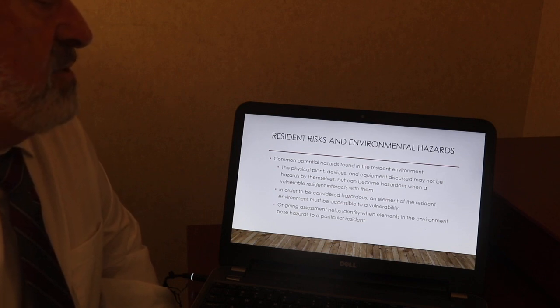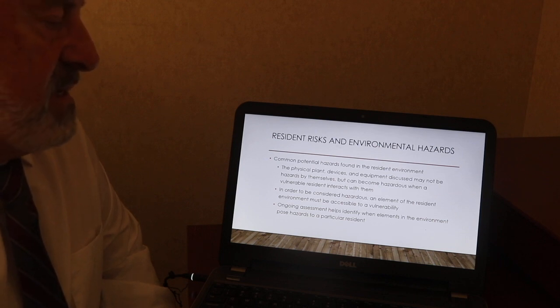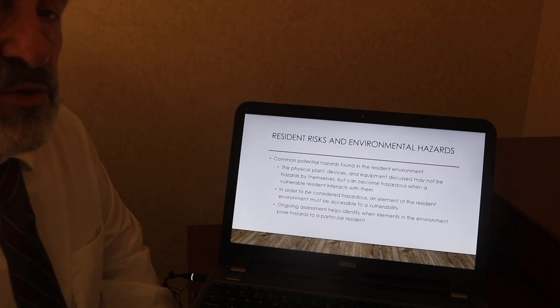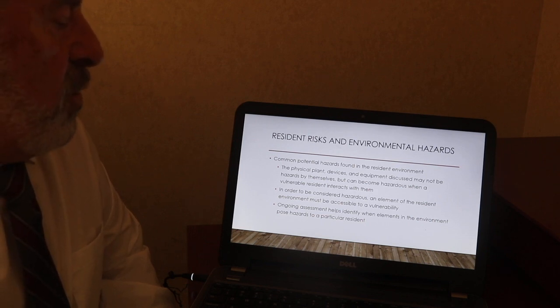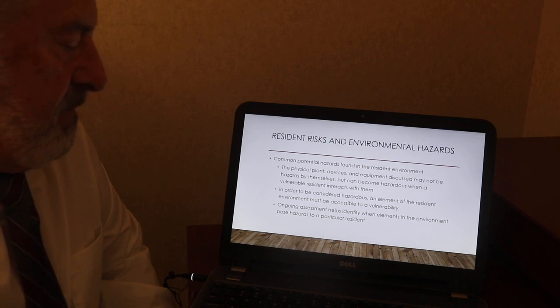Common potential hazards found in the resident's environment are such things as the physical plant, devices, and equipment. Any equipment that's discussed may not be hazardous by itself, but can become hazardous when a vulnerable resident interacts with it. In order to be considered hazardous, an element of the resident environment must be accessible to a vulnerable resident.